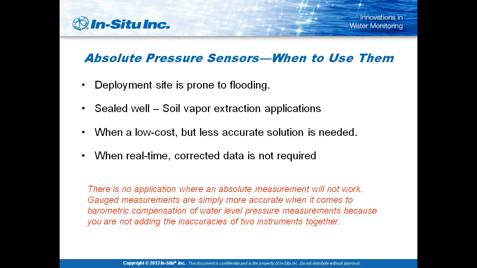Quite often there are absolute sensor solutions that are less expensive, and so those might be considered. Also, generally speaking, for an absolute sensor and a gauge sensor, the sensor price is the same, but the cable can be considerably different.